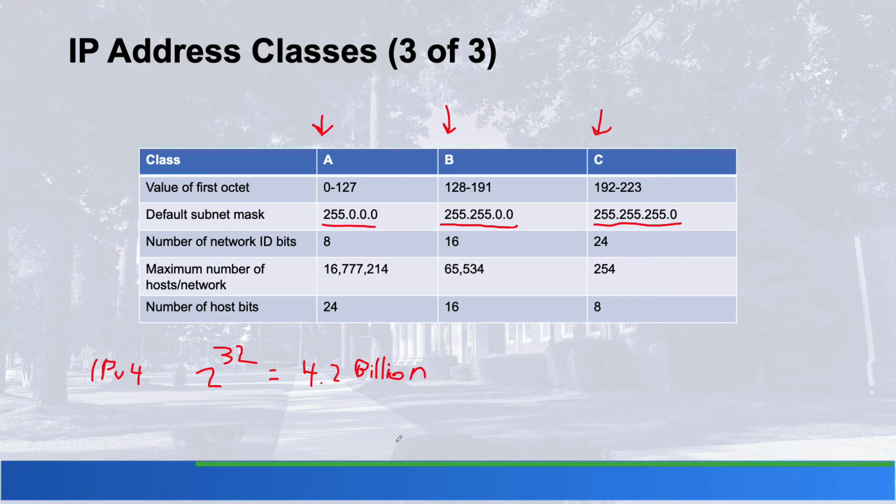Okay. So how many people live on planet Earth? All right. I think the last time I looked it was 6.9 or 7 billion. So we have 4.2 billion IPs. We have 7 billion people.